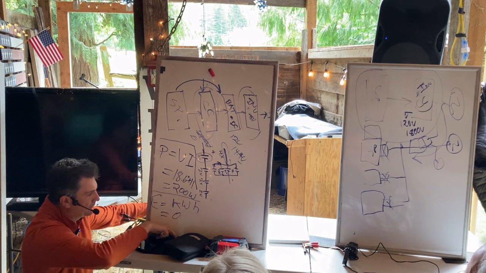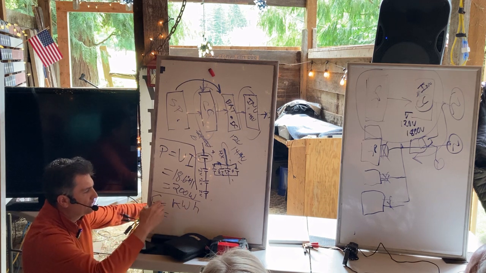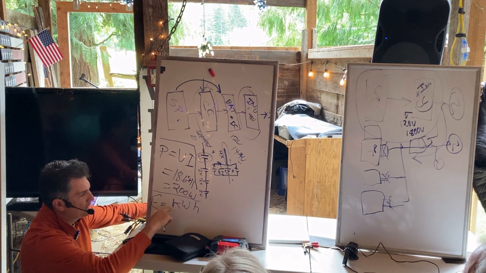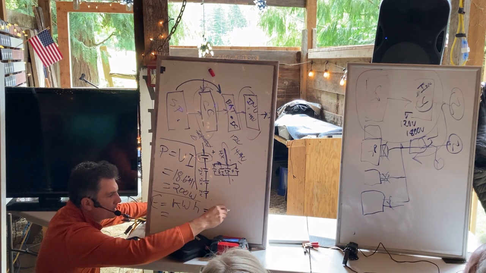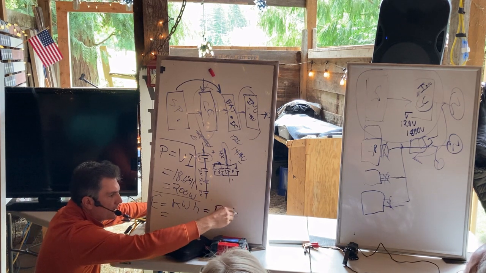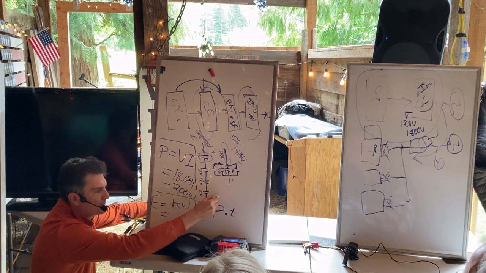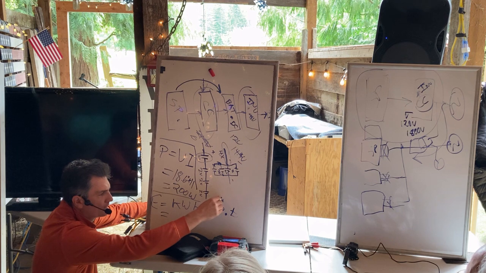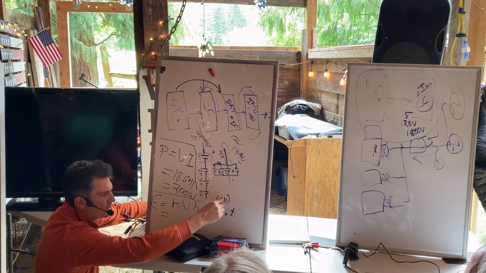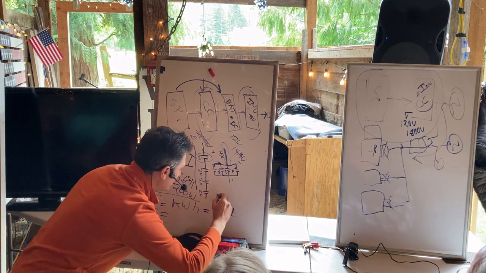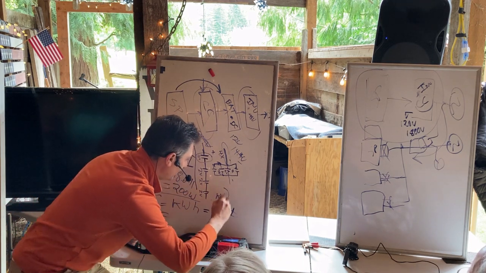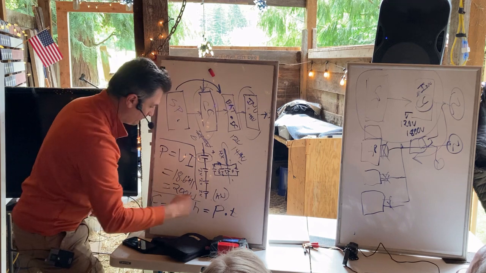Okay, I didn't give you the equation first. Energy in kilowatt hours is equal to power times time. But the units they use here are funky. They're not in joules. It's kilowatts, not watts. You have to figure out how many kilowatts it puts out.